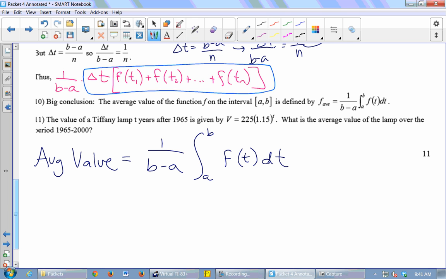Now I just plug in the stuff. This is going to go from 0 to 35. So this is 1 over 35 minus 0, if we're counting 1965 as year 0, times the integral from 0 to 35 of this function, 225 times 1.15 to the t dt.